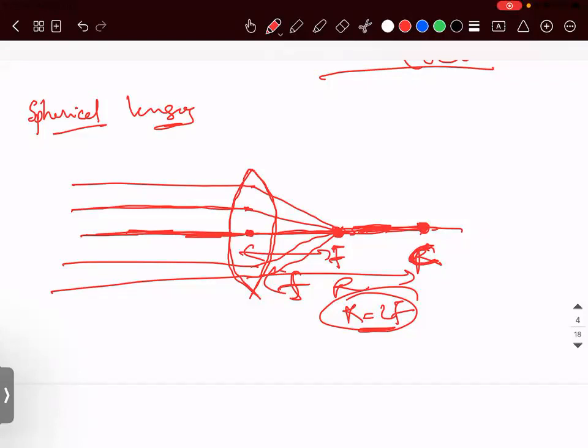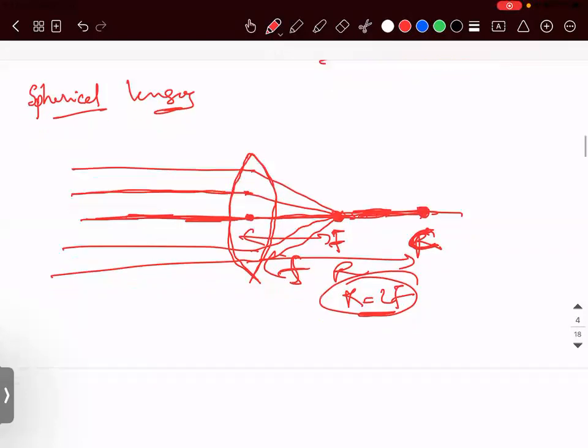Finally, let's solve one problem and close for today. Only one problem. What is the lens formula? 1 by v minus 1 by u. A concave lens is given.